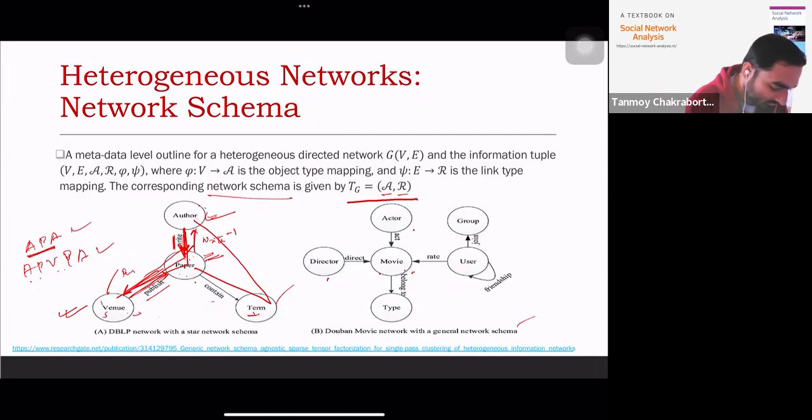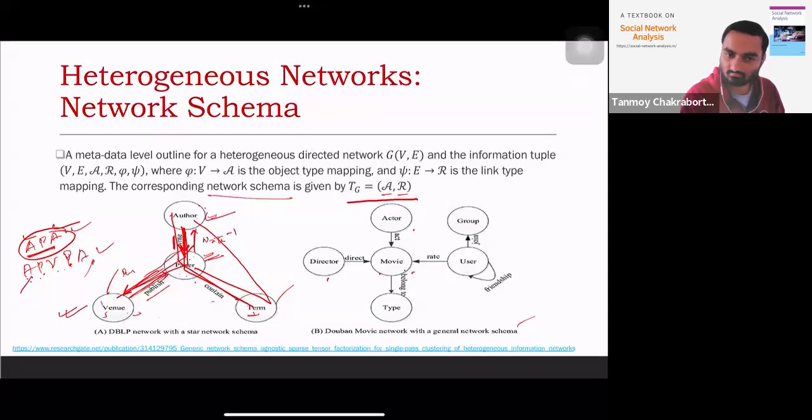For example, between two authors, this can be one path, APA. Between two authors, there can be another path, APVPA. Between two authors, there can be another path, APTPA. Between two authors, there can be another path, APVPTPA. But these paths are of different lengths.